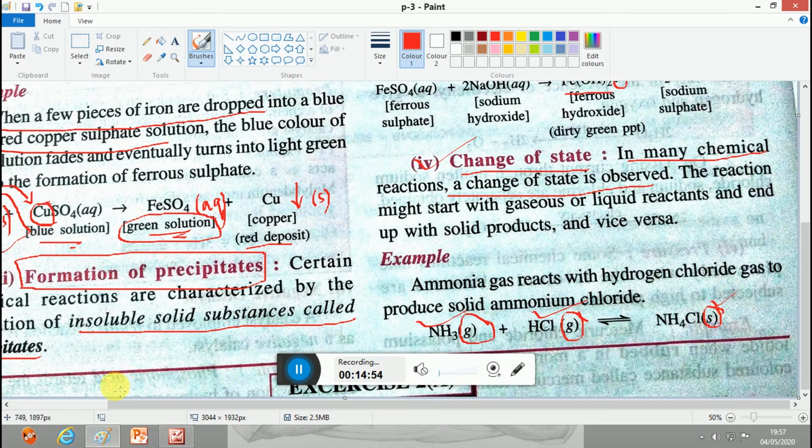S stands for solid. This is the reversible sign. This reaction is reversible in nature. Ammonium chloride may decompose to produce ammonia and HCl back. So in this case, the state changes from the gaseous to the solid state.